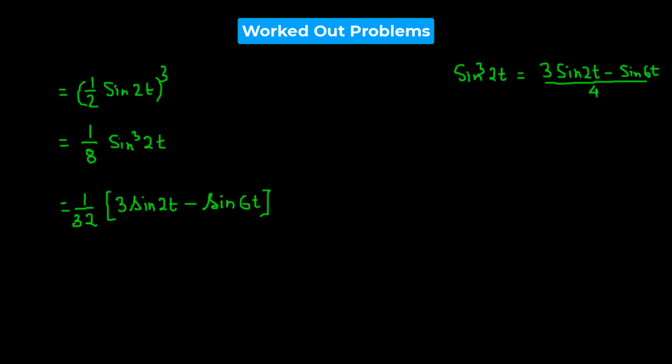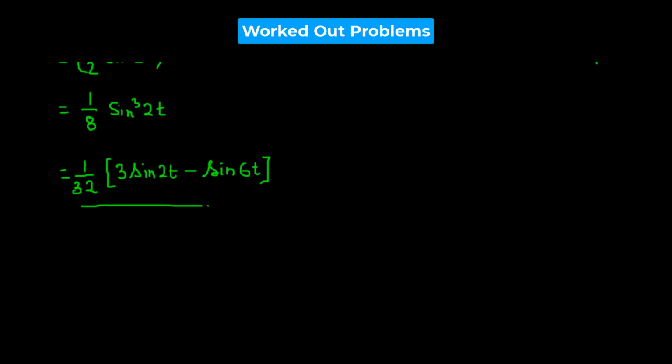So now we'll find out the Laplace transform of this particular function. So the Laplace transform will be 1 over 32 times 3 times the Laplace transform of sine 2t minus the Laplace transform of sine 6t.